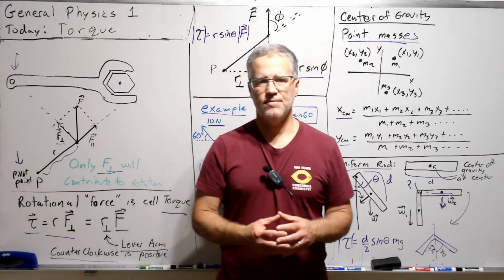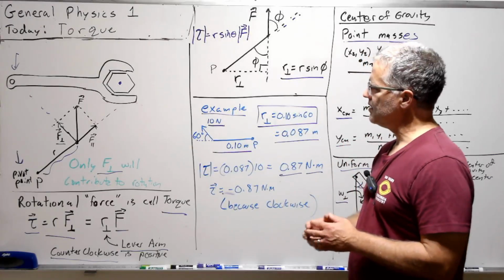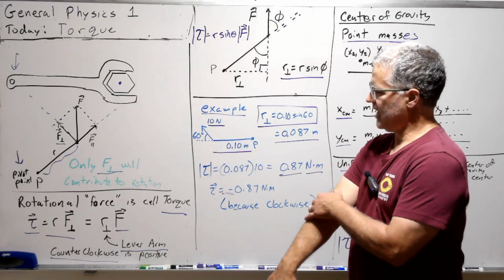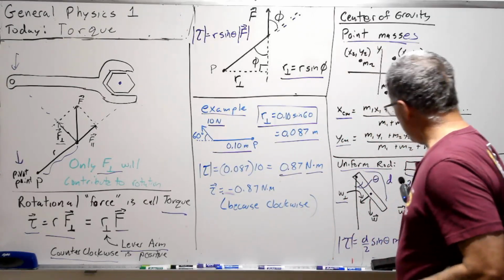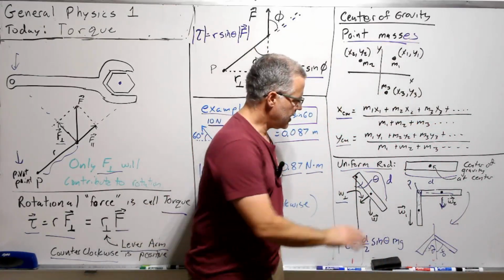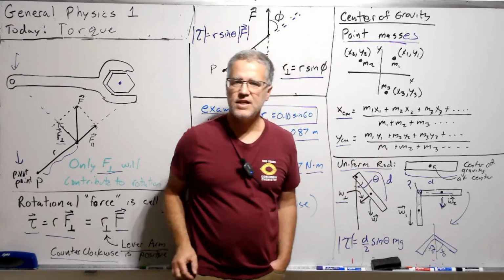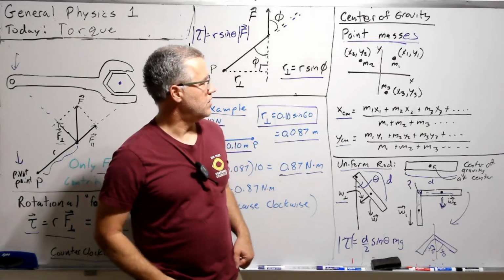We have one more thing to do, which is grab what's called the moment of inertia, which we haven't talked about yet, and then we'll be there. We also talked about center of gravity, kind of a separate point, but valuable in doing things like this. So make sure you also review that.